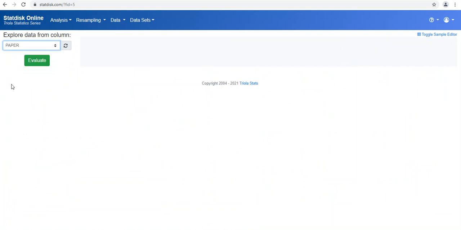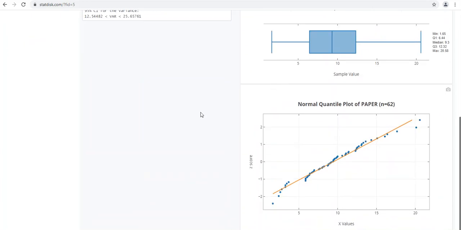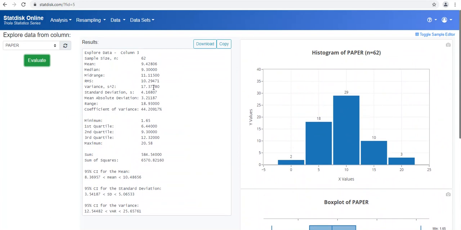We'll do that one first, and then you have to hit evaluate. It gives you a bunch of stuff. We don't need all of this, so don't paste all of it into your project file. All it's asking for is the mean, which is right there, the standard deviation right there, and it even tells us the sample size. We said there were 62 in there.